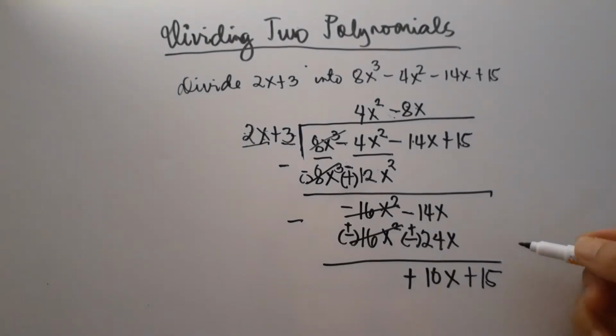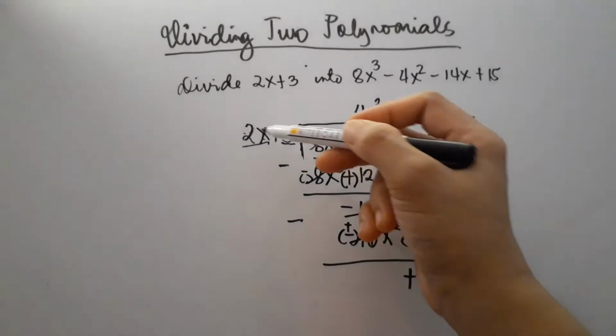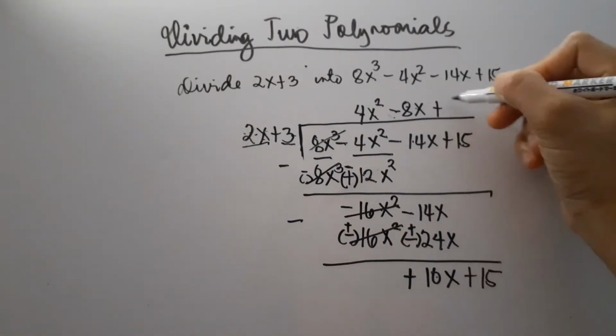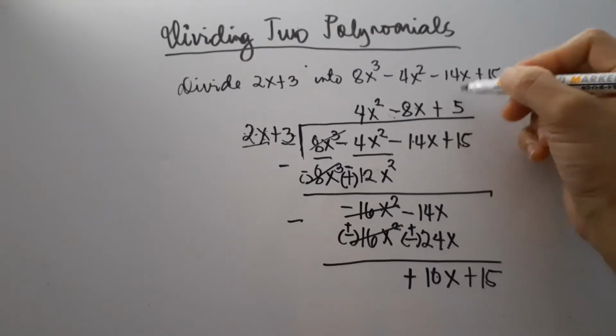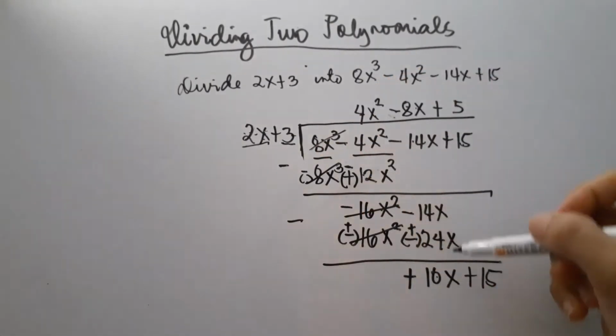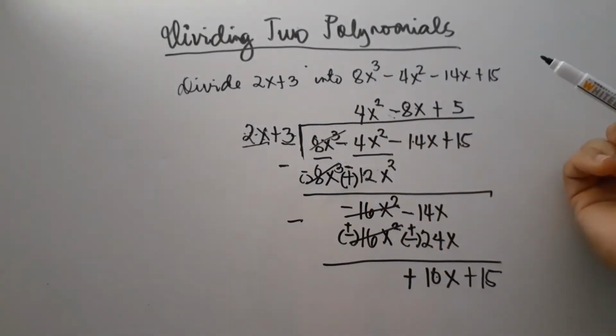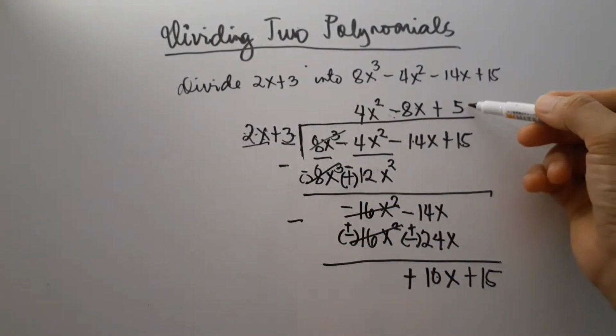Then 10x positive 15 divided by 2x becomes 5. Since x is only 1, we put only 5, which is a constant.